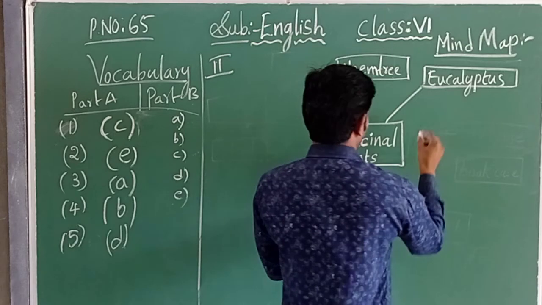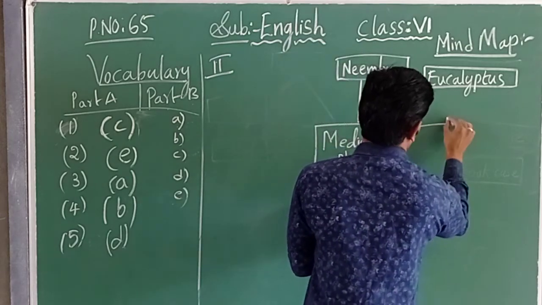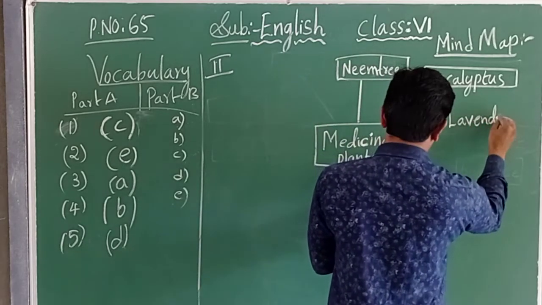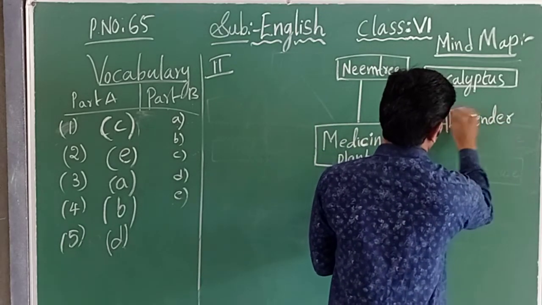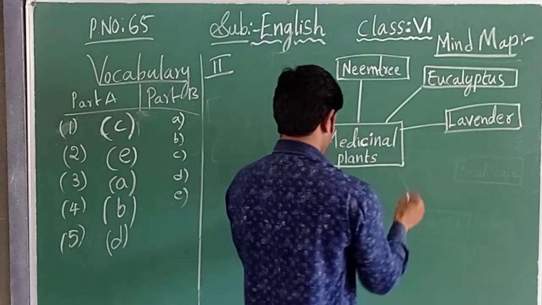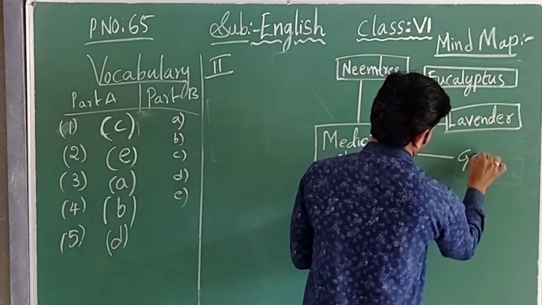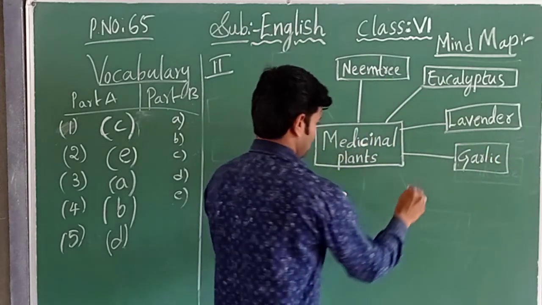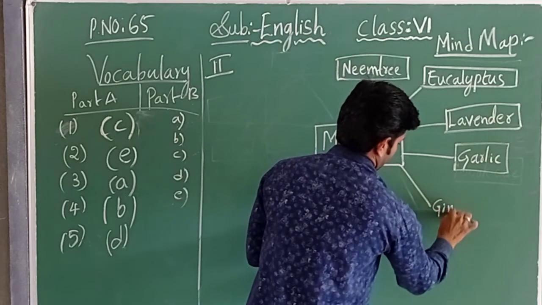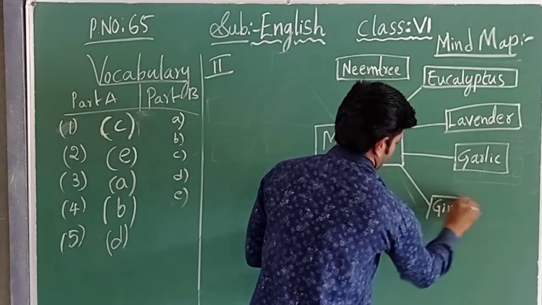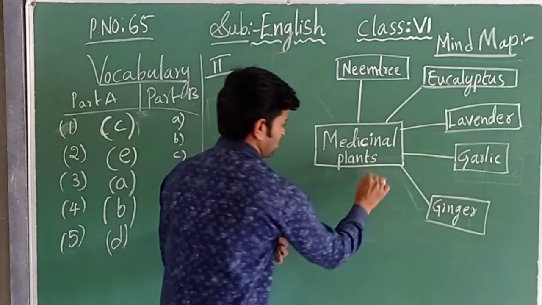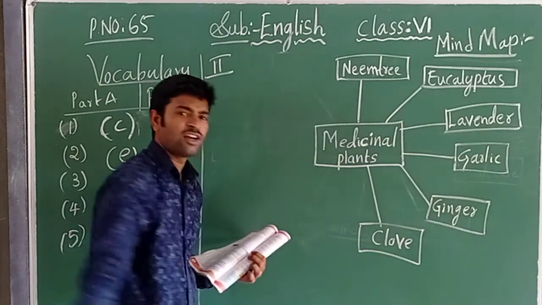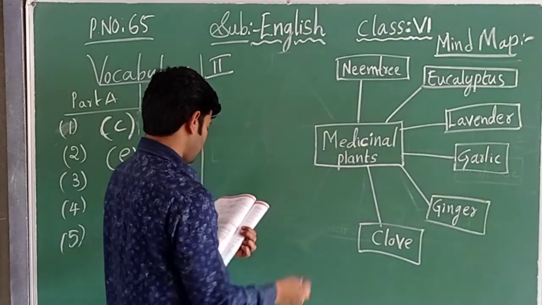Next one. Lavender. LAVENDER. It is also one type of tree, children. Next one. Garlic. Next, ginger. Next, clove. CLOVE. All are seeing on the blackboard. See carefully, children. Spellings also.